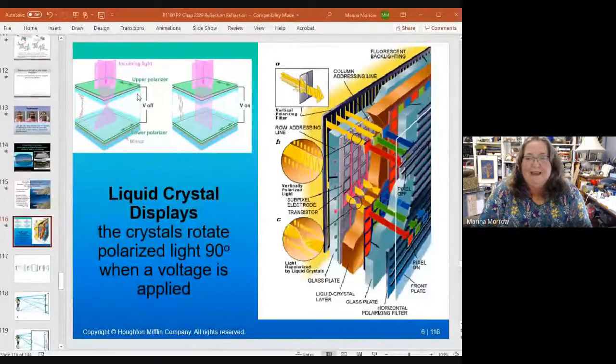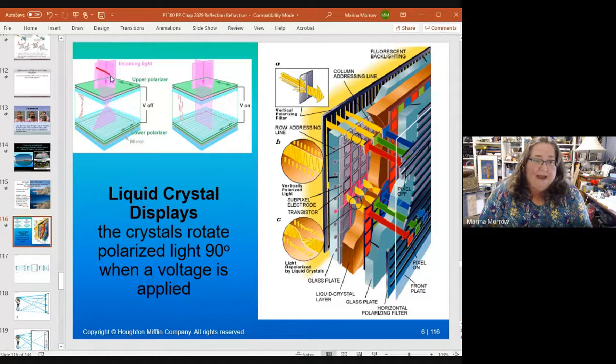Anyway, so I was saying that liquid crystal displays are polarized. What the liquid crystal does is it naturally rotates a beam of light, the electric field of the beam of light, by 90 degrees.